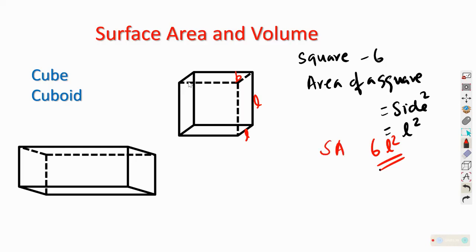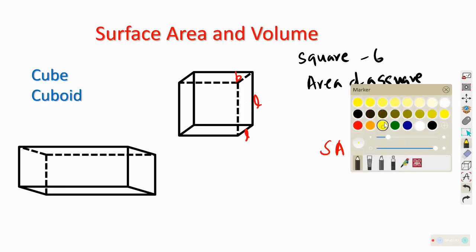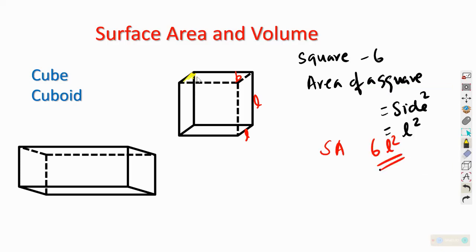If you are leaving just the upper side, if you think that you don't want to include this upper and lower, this is upper and this is lower according to my view. Depends upon how you are looking. So there are other 4 sides, one at the back, one on the right side, one on the left side and one which is facing you.